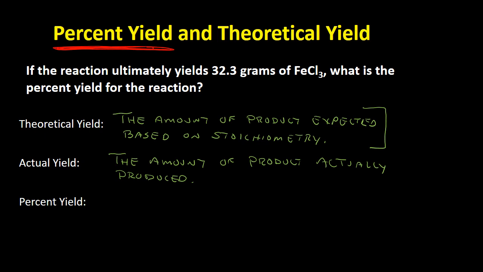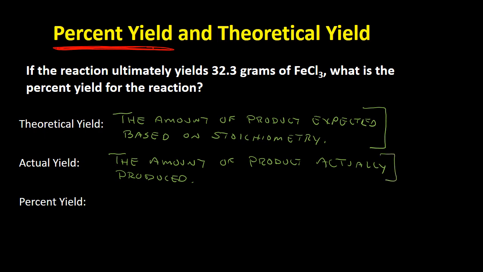And a reaction might not produce as much product as you expect. Sometimes because the reaction just doesn't go to completion. There are some things that cause chemical reactions to not progress as far as you would have expected. But also this incorporates things like losing a little bit of product on your filter paper, or some product getting sloshed out of the beaker, or anything that happens in the lab that causes you to lose a little bit of your product or to be slightly inefficient. Okay.